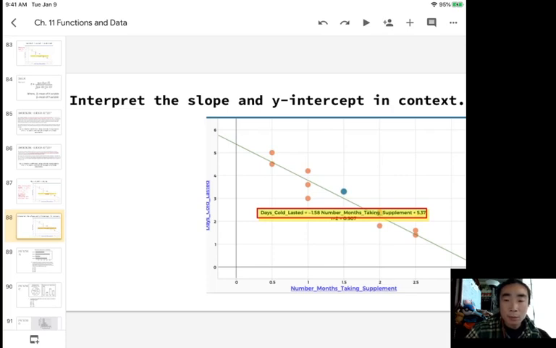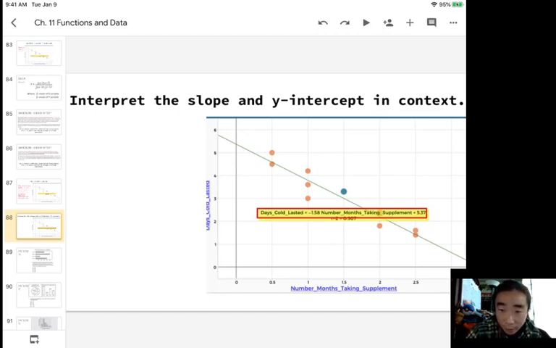And then as you take more and more supplements, like over here, let's find a good point. Like over here, if you take some supplements for 2 weeks or half a month, then you can expect to be sick for 4.2 days.